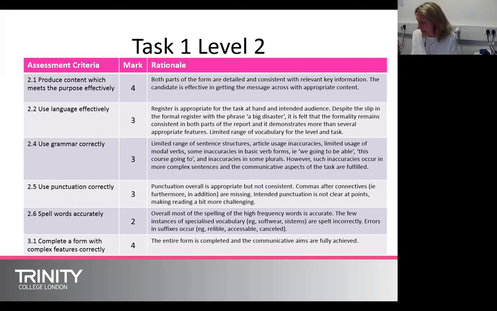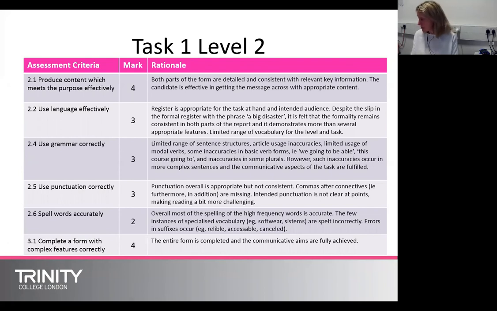So overall, the candidate meets this criterion, but this criterion is only met minimally in this case. Having said that, 3.1, the entire form is completed and the aims are fully achieved of the form.